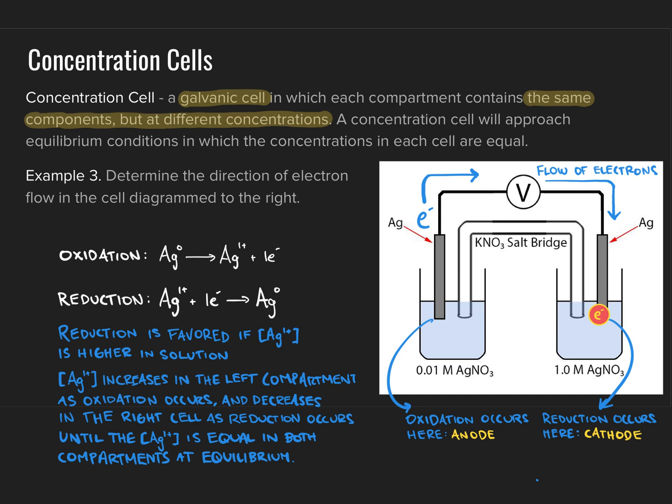At some point, the silver ion concentrations will be equal in both cells. At that point, the favorability of oxidation or reduction in either cell is exactly equal, and therefore that system will reach equilibrium.